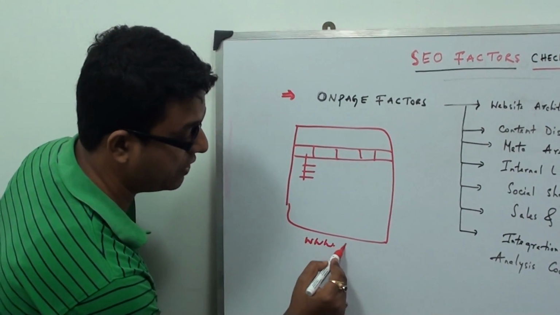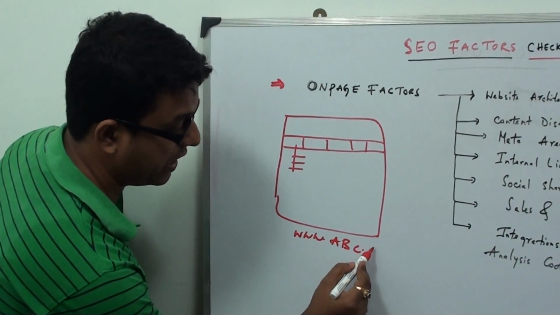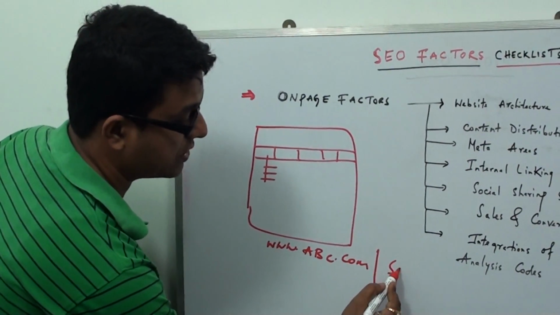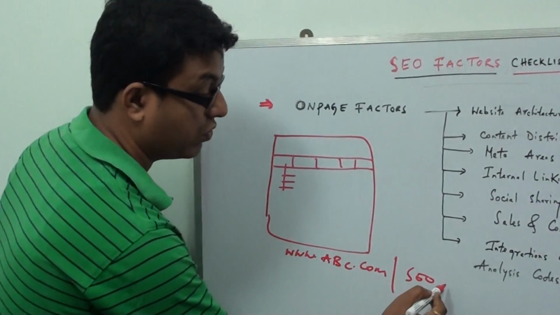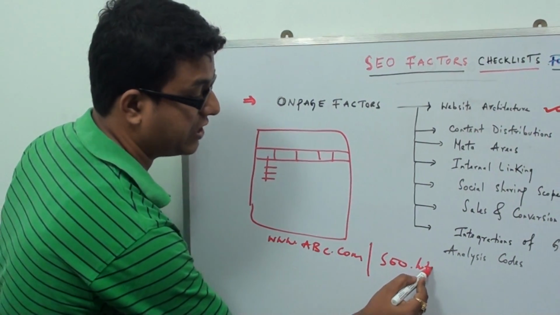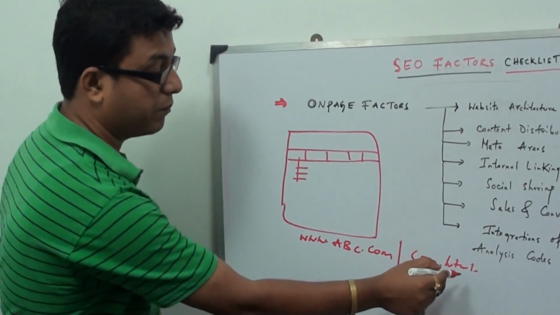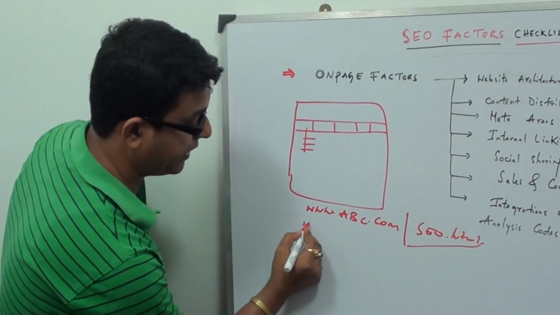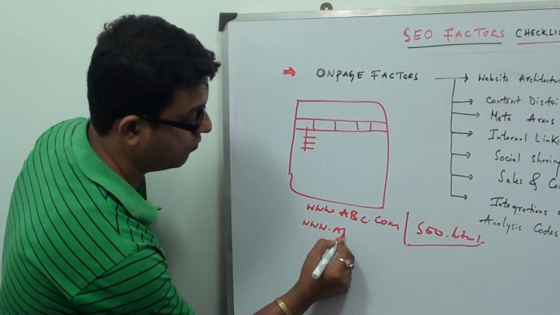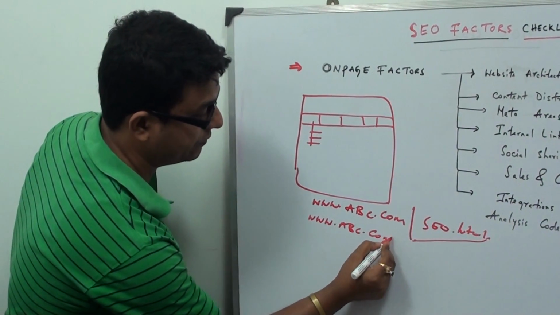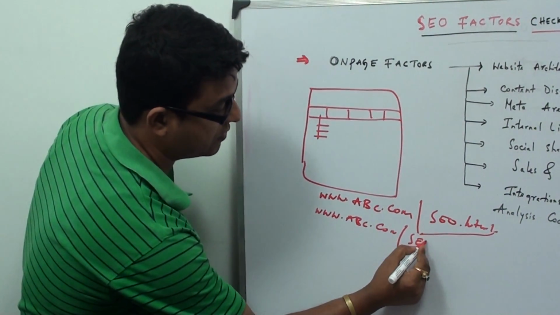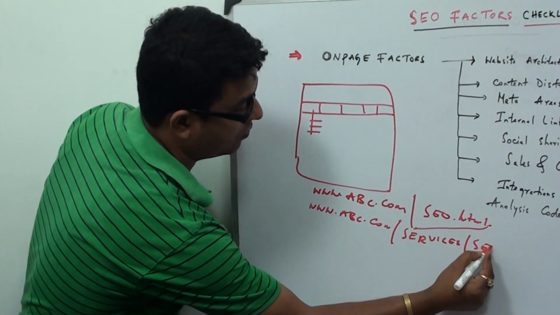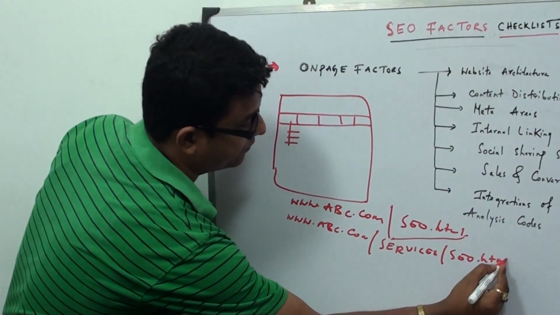For example, if your website is www.abc.com and there is an option like SEO, you can go ahead with SEO.html, or you can put this landing page into a subsection, like services and then SEO.html.